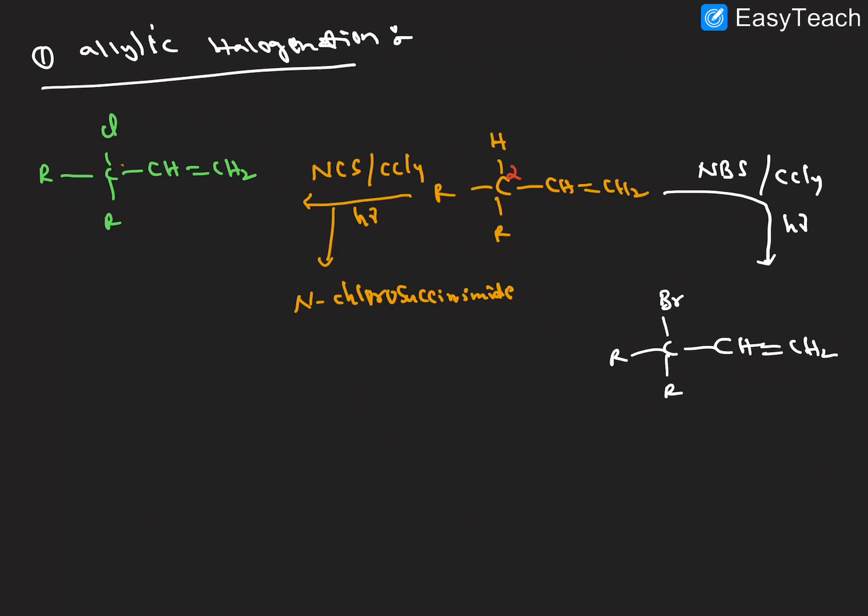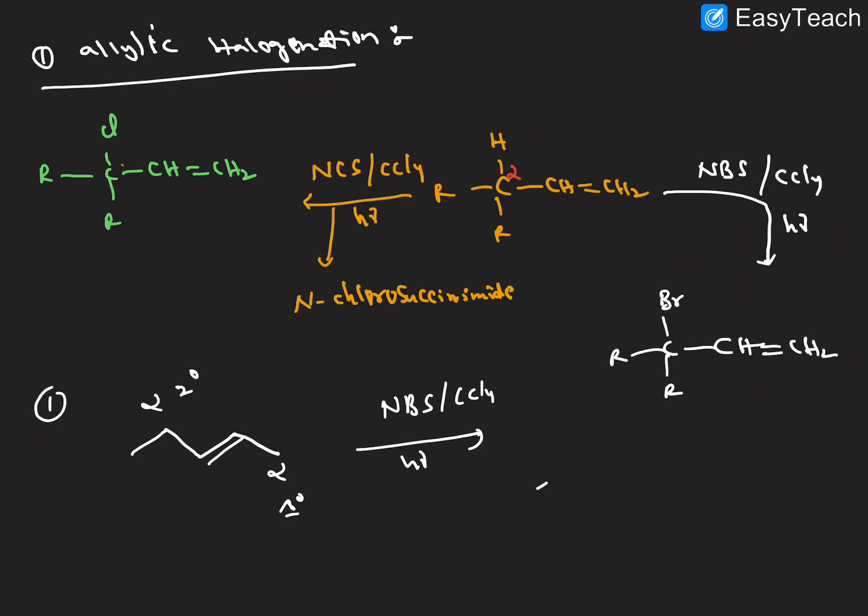And here is some important point. We will discuss it with an example. Here two types of alpha hydrogens are there. This is a secondary alpha hydrogen, and this is a primary alpha hydrogen. On reaction with NBS, CCl4 and light, where does the reaction happen? At the secondary position, bromine substitution takes place.